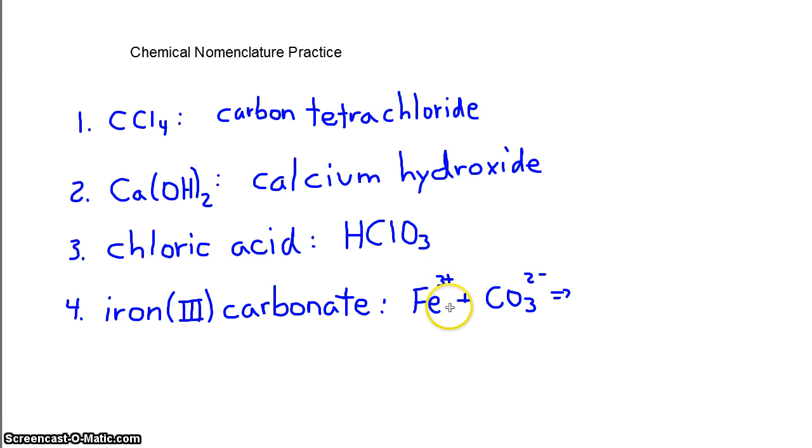So this 2 goes in front of the iron, this 3 goes in front of the carbonate to give us a final formula of Fe2(CO3)3. And we wrap our formula of the polyatomic ion in parentheses, so there's no ambiguity as to how many carbonates are present. Thank you.